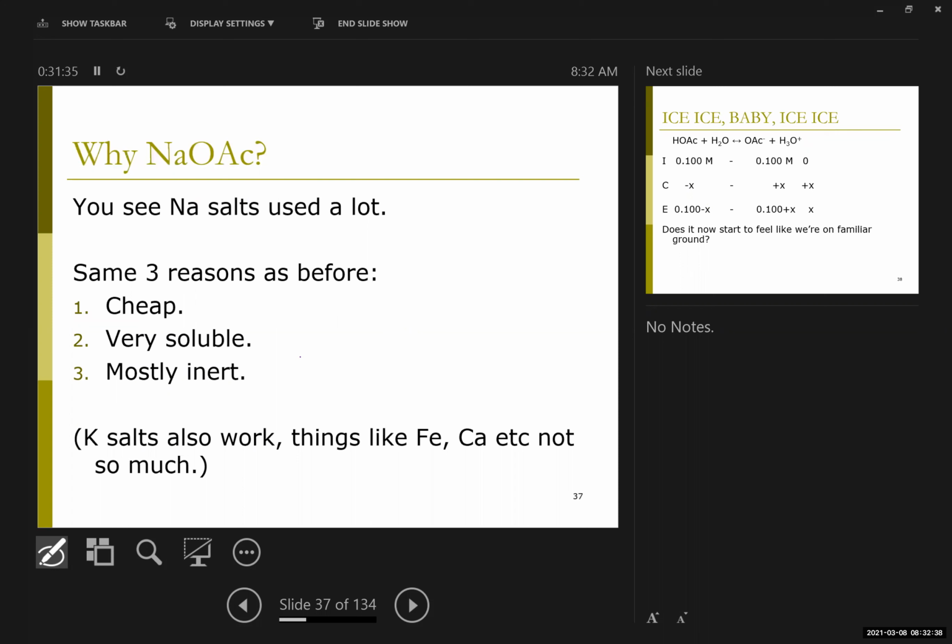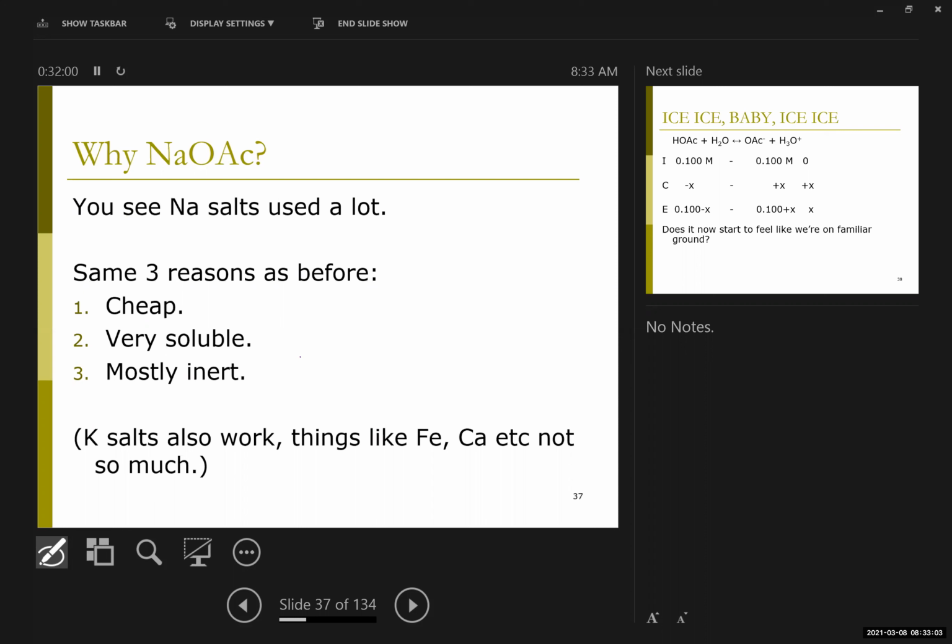You see it in lab all the time. The compounds you use in lab tend to be either sodium salts or potassium salts, and if they're sodium or potassium salts, I 99.9% guarantee you that nobody cares about the sodium or the potassium. Those are just the counter ion, the spectator that brings the anion with it.